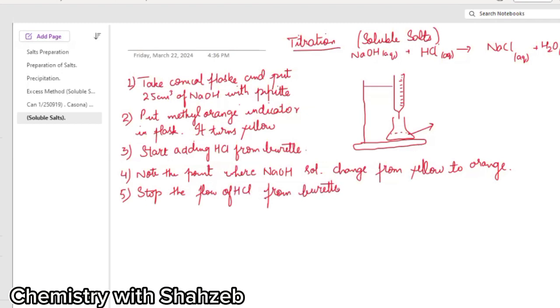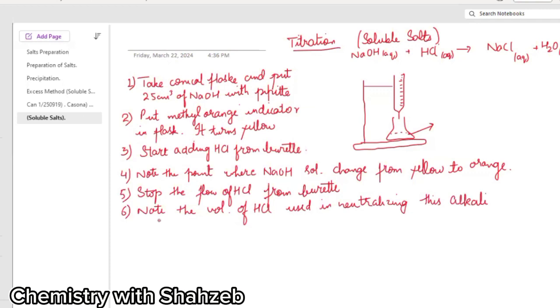At that time, note the volume of HCl used in neutralizing this alkali.